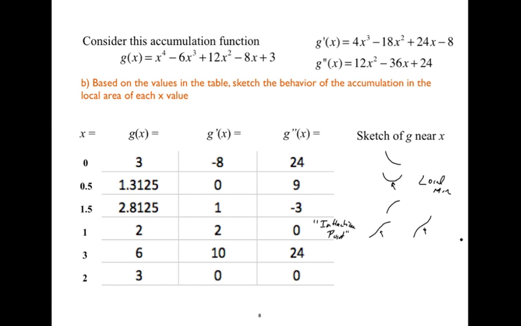This next one, the graph is increasing and the rate is increasing, right? So the function itself is increasing and the rate of change is increasing, which means it's increasing, turning up. And the last one, the jury is out.